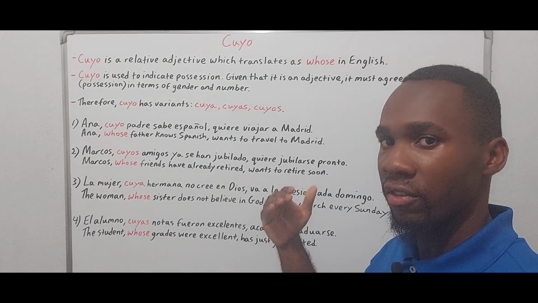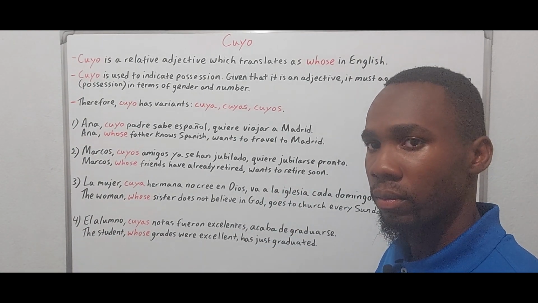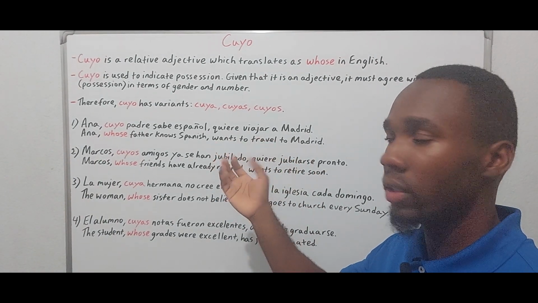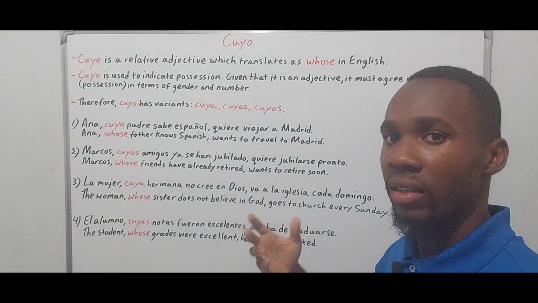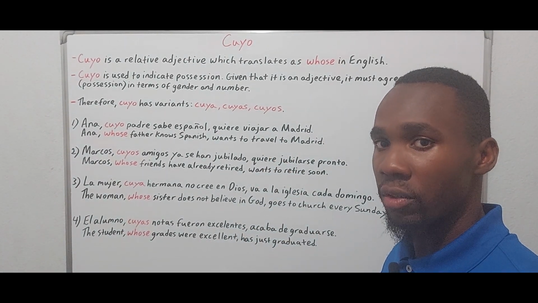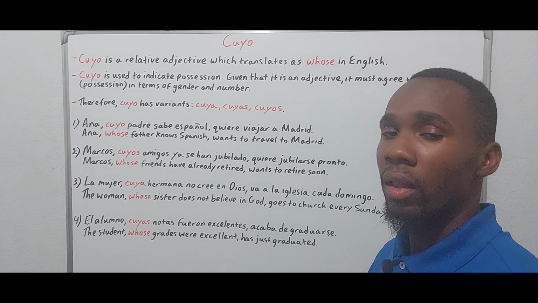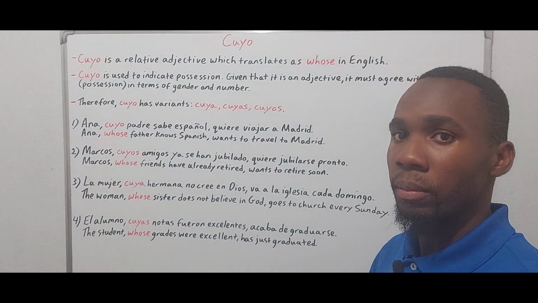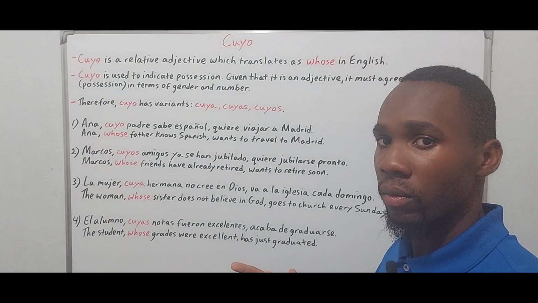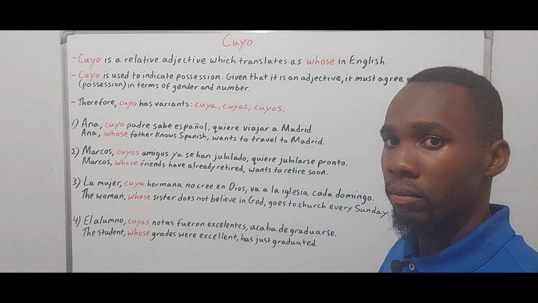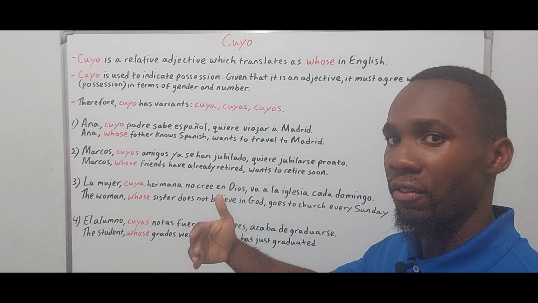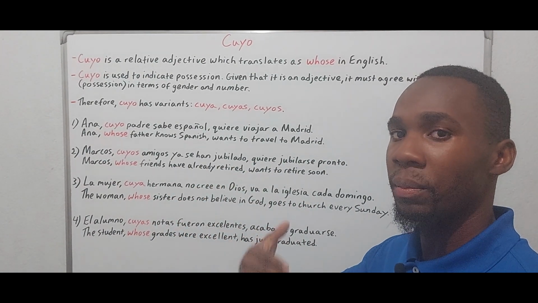So it has variants. Cuyo, which is the masculine singular, cuya, the feminine singular, cuyas, the feminine plural, and cuyos, the masculine plural. It has to agree with the noun, right? Cuyo must agree with whatever follows it. In other words, the possession.